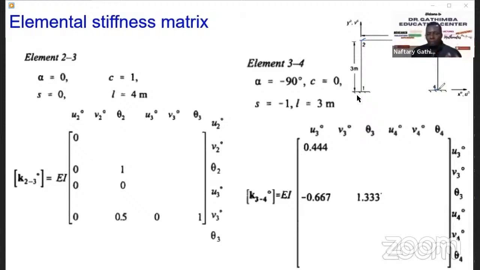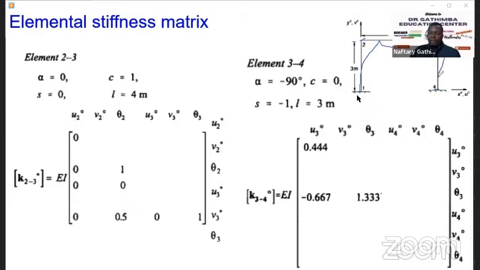Because now when you come to assemble, we just need to assemble using the rows and the columns associated with the non-zero displacement components, which are U2, U3, theta 2, and theta 3, because we say this is a typical deformation.